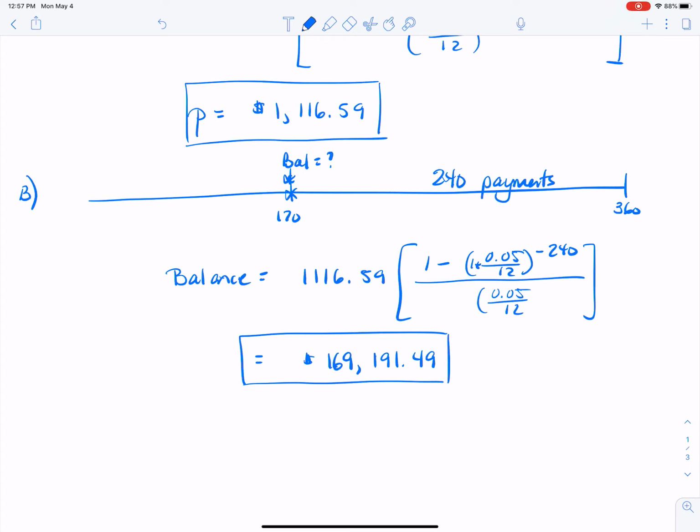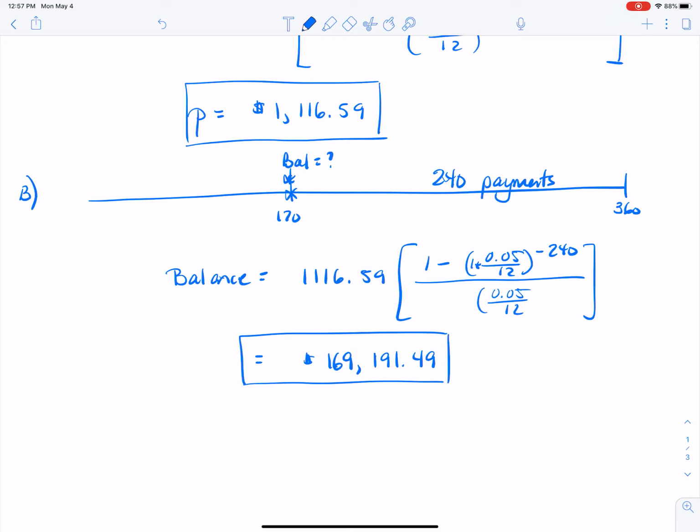In the second year, that takes me up to payment 24. So if I look at the 10th year, that takes me up to payment 120, and the one that had just happened was 108. So what we want to know is, what is the difference between the balances?